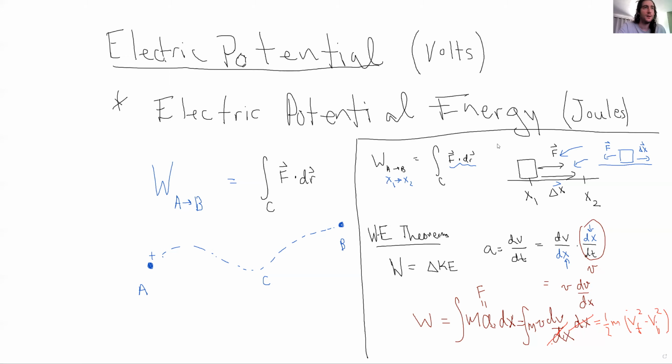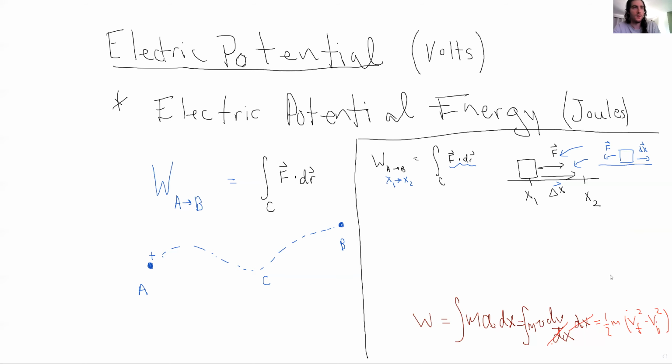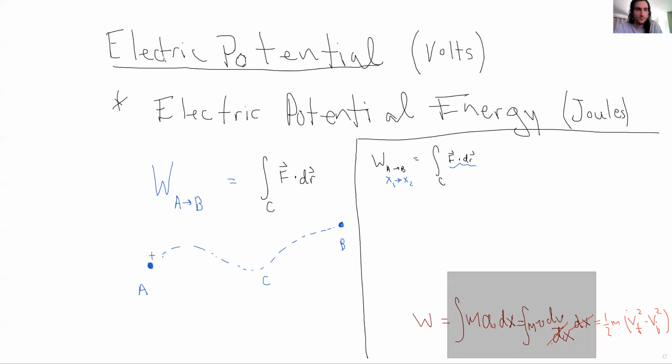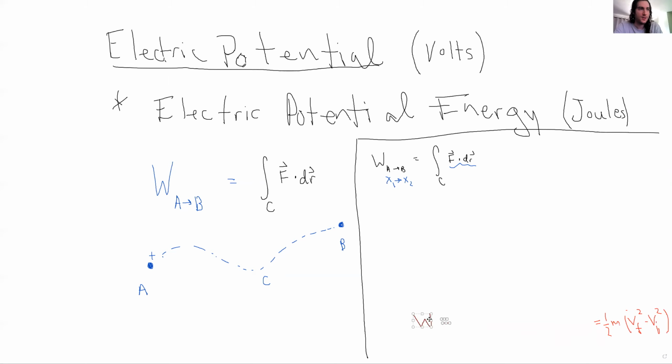So let's take a look here. We can leave this integral here. I'm going to go ahead and erase this now. This is what this should look like here. The work is equal to that difference in kinetic energy there.